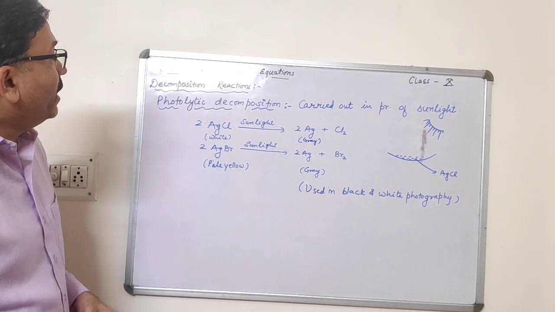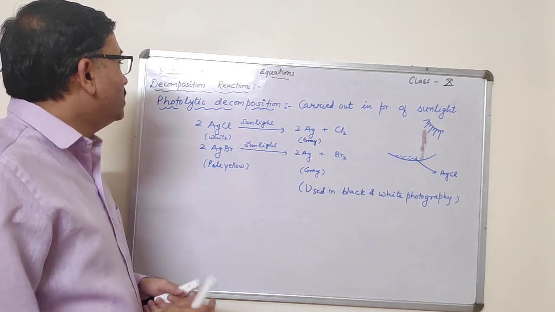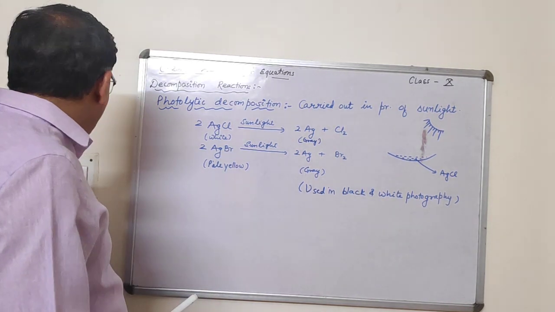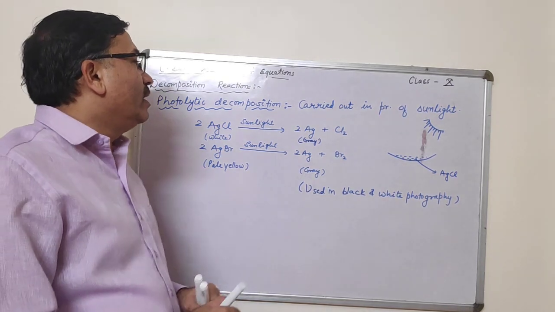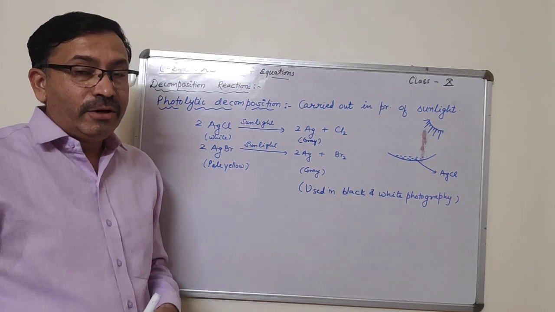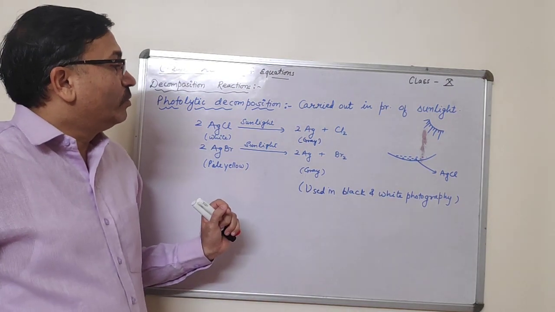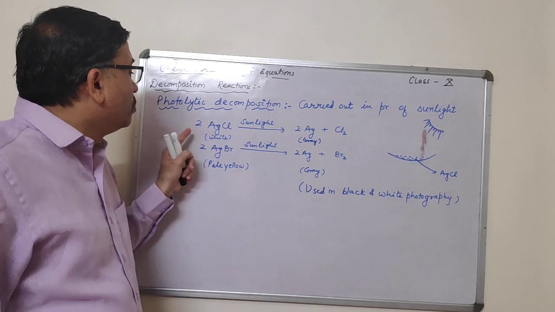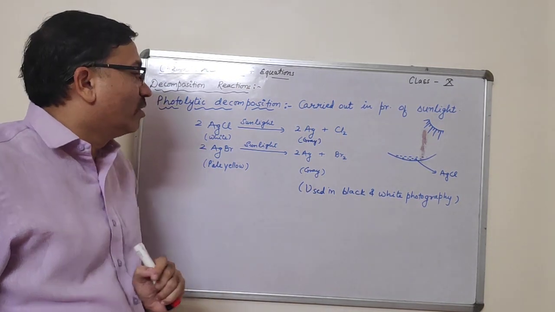So the third category of decomposition reaction is photolytic decomposition reactions. As I told you, these photolytic decomposition reactions are carried out in presence of sunlight. And we have the best example, silver salts. I have taken here two silver salts, silver chloride and silver bromide.